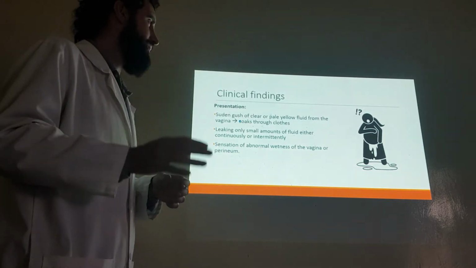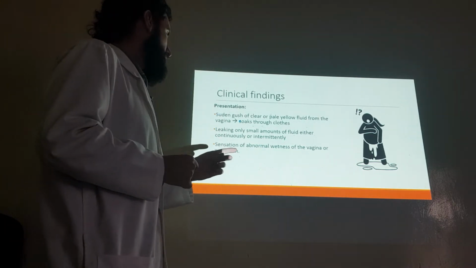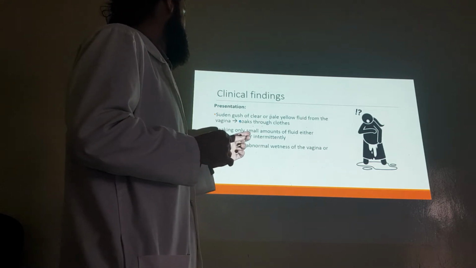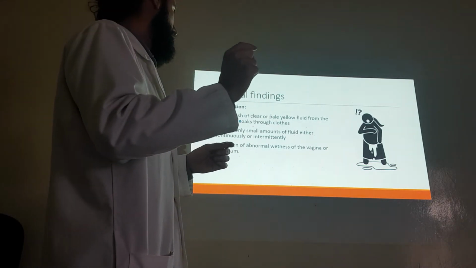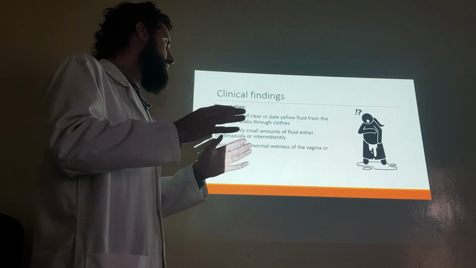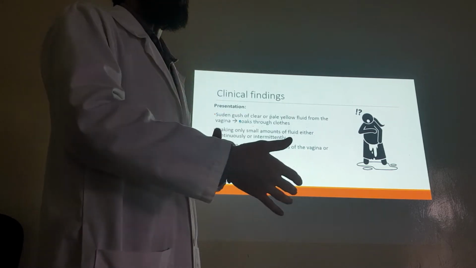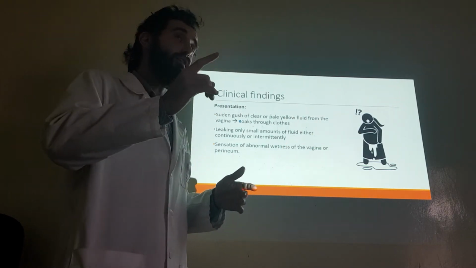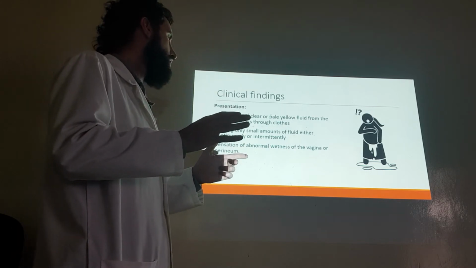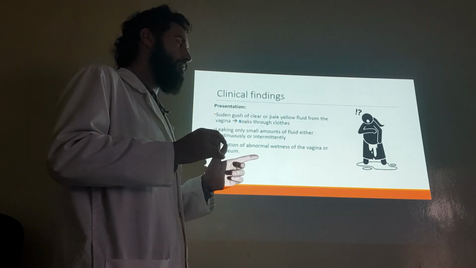But there are some cases where the story is not so clear, and we have to be focused because sometimes the gush is just a few drops. It's very little, so leaking only small amounts of fluid, either continuously or intermittently. And more difficult than this situation is just the sensation of abnormal wetness of the vagina or perineum.